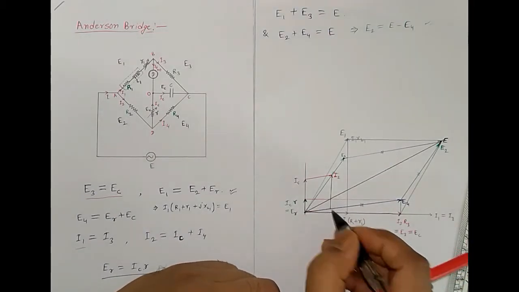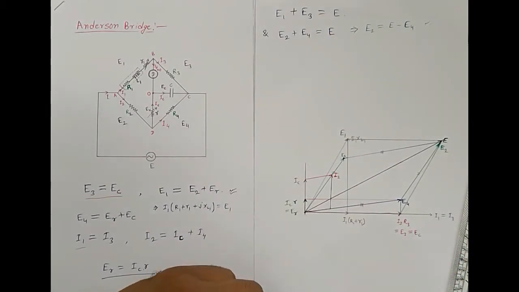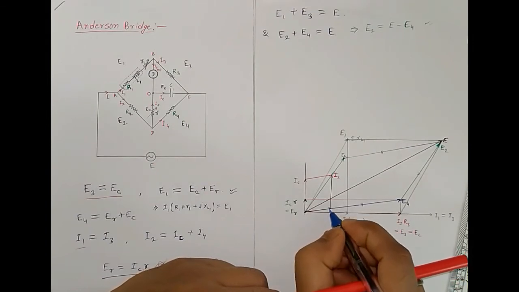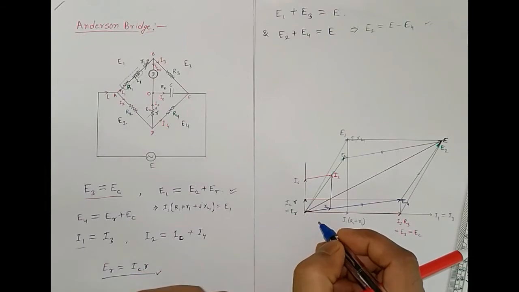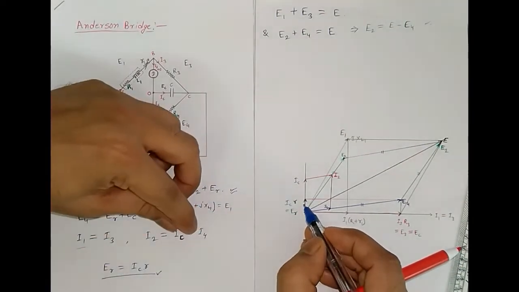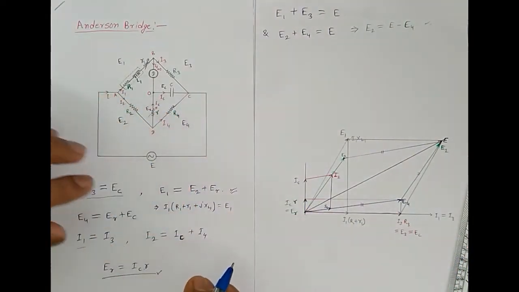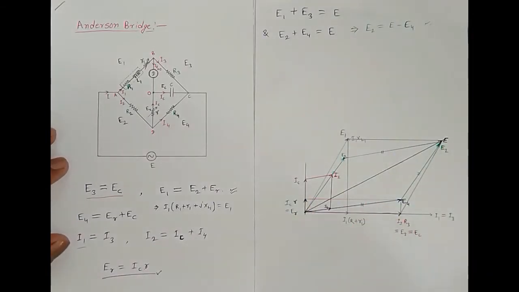So this will be I4, and I4 plus IC gives us I2, and this is the complete phasor diagram of this Anderson bridge.